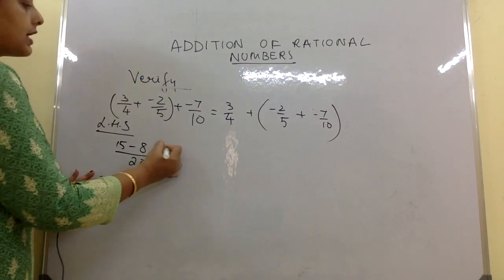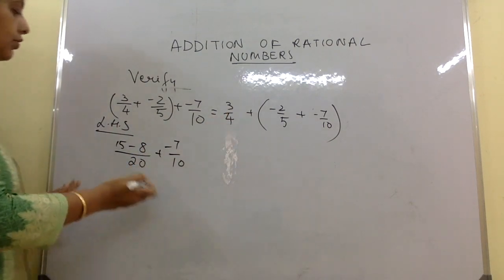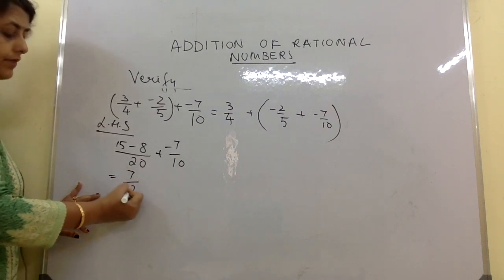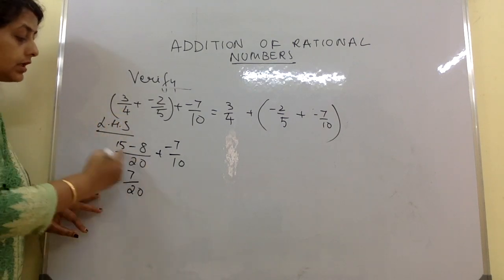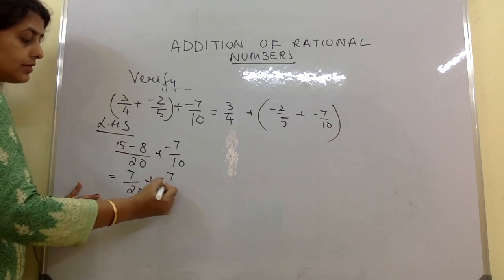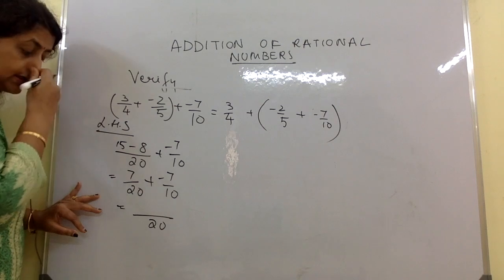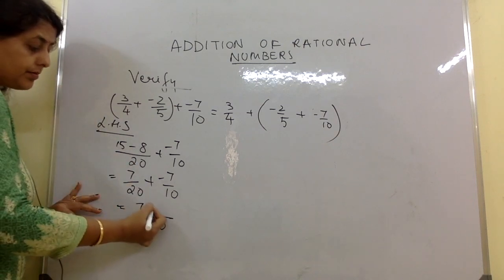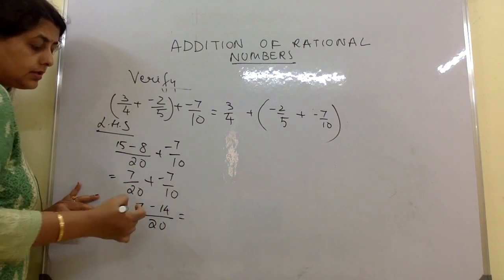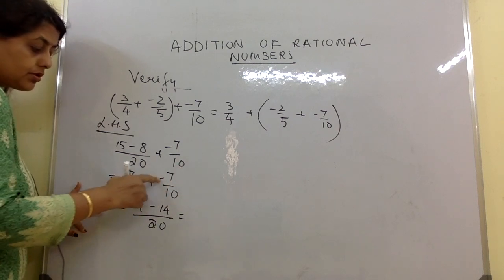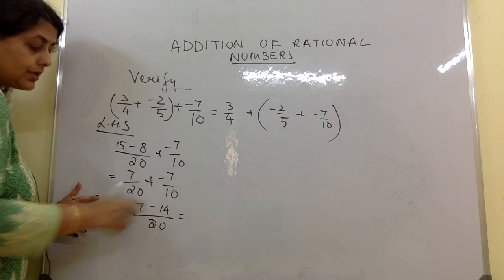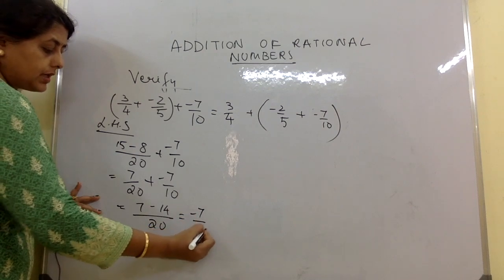Then I'll just copy, no calculation: 7 by 20, this one, plus minus 7 by 10, LCM 20, right? So this is now 7 minus 14. So that is how much? Plus into minus, minus. So that is minus 7 by 20.